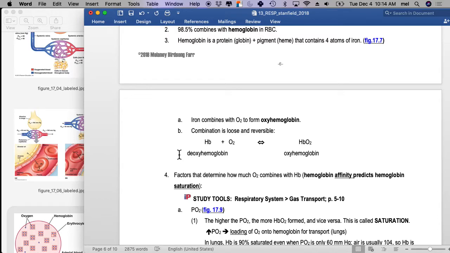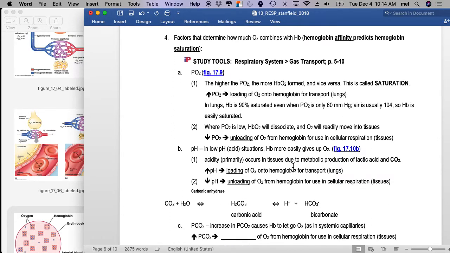So here's what we are going to do now. We are going to look at the factors that determine whether you are going to load oxygen onto the hemoglobin bus or unload it. So here's a logic question for you.